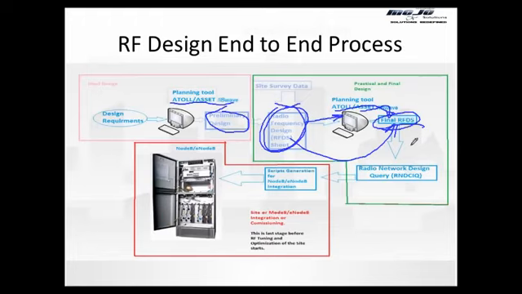When I say feeder in RF engineering, it is basically the cable connecting the Node B with the antenna. So all those things are part of RFDS, but the soft parameters like frequencies, the scrambling codes, the PCIs, those are not part of RFDS.